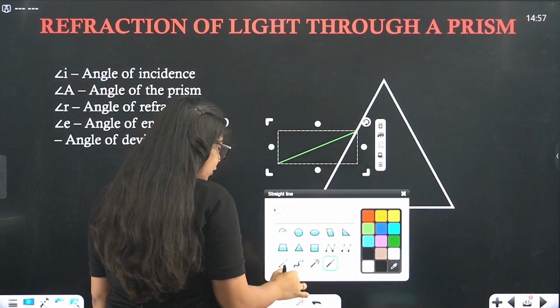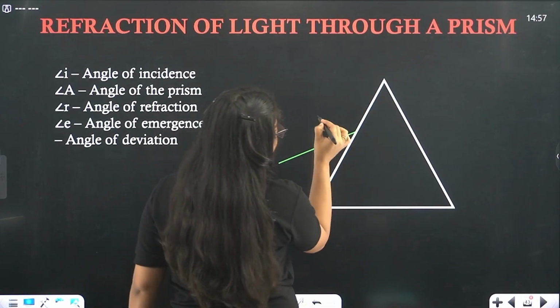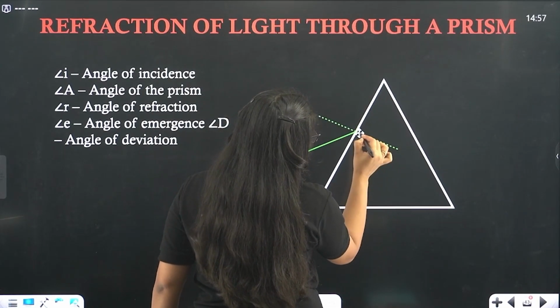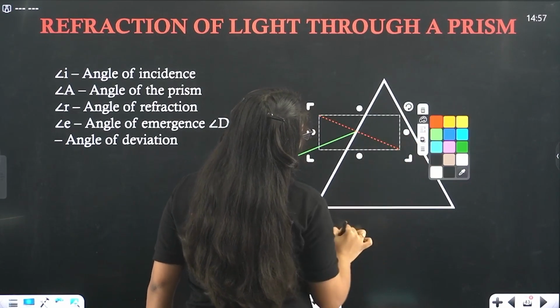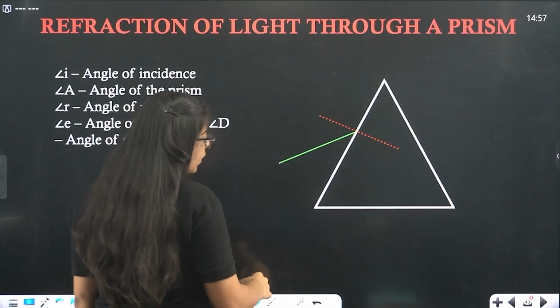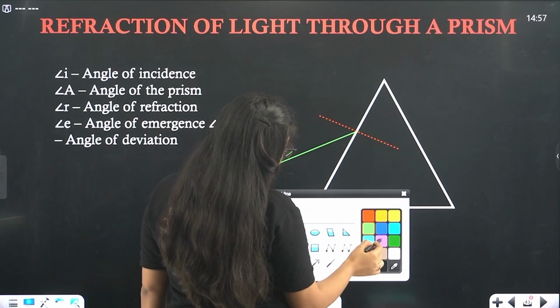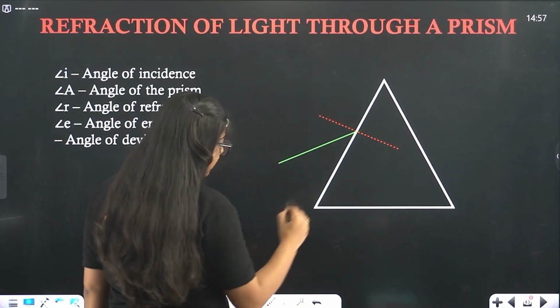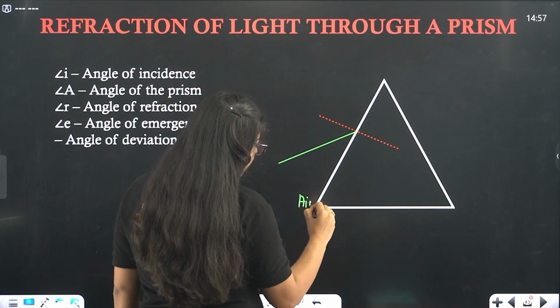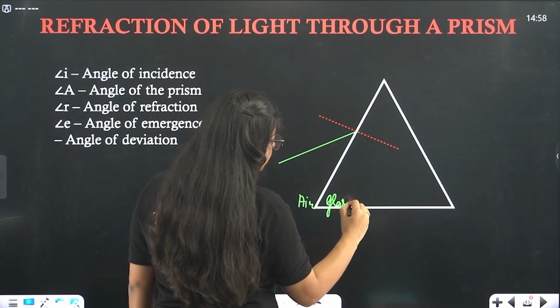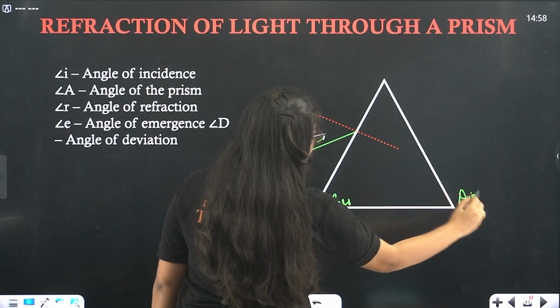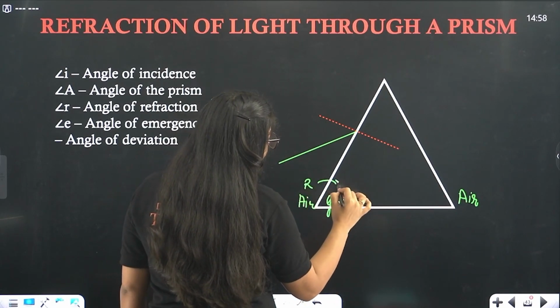Okay. What we will do? At the point of incidence, we will draw a normal. Then what happened? After it changes its medium. This is medium 1, that is air. This is glass. This is again air. So it is going from rarer to denser.